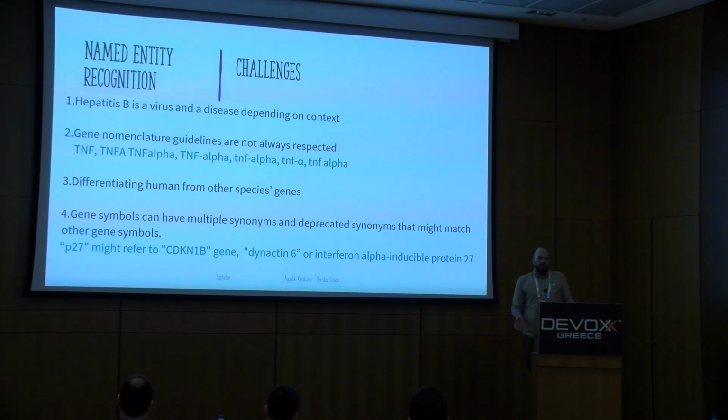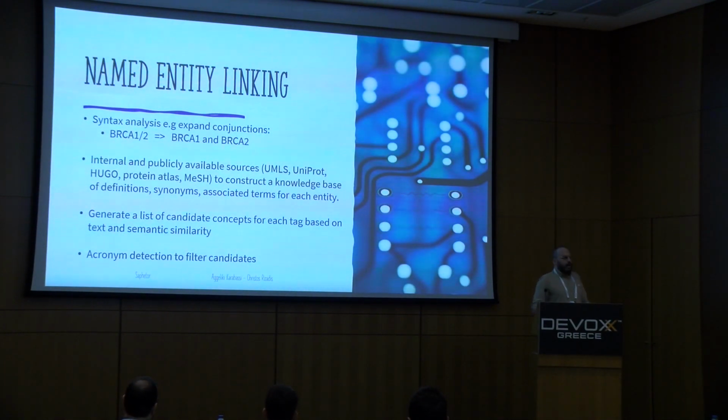Differentiating human genes from other species' genes was also important and context-dependent. And finally, genes are normally recognized by symbols, and they can have synonyms or even deprecated synonyms, and these clash with one another, so disambiguating them is also context-dependent.